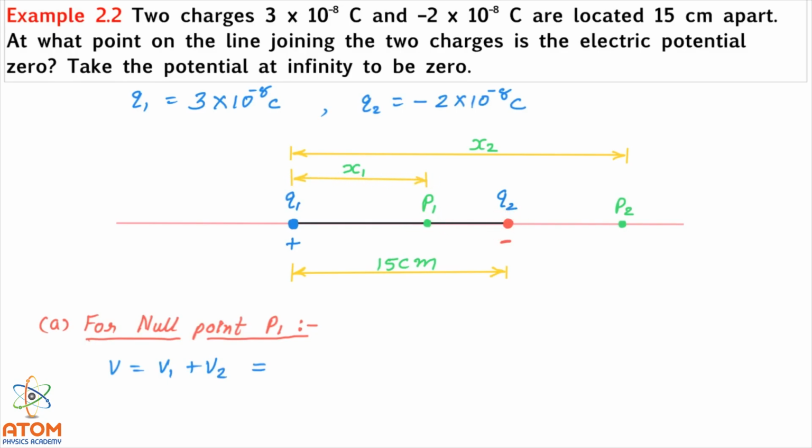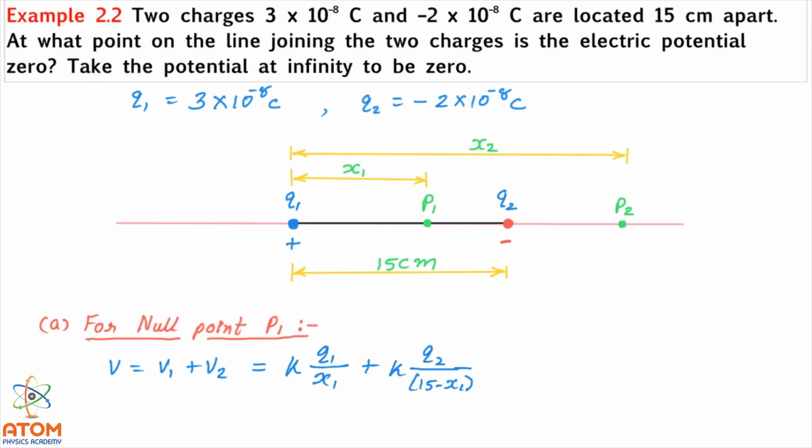But for Q2, we have to take this distance, and this distance will obviously be 15 minus x1. So I'll put that all: k q1 upon x1 plus k q2 upon 15 minus x1.